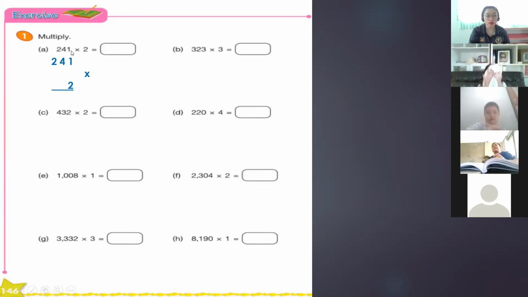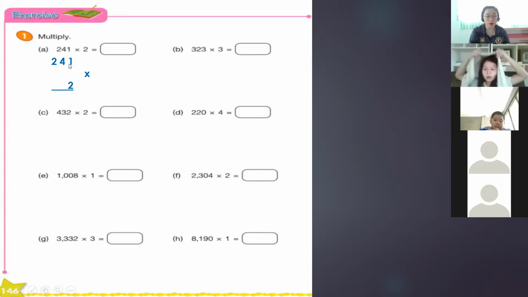241 times 2 or multiply by 2. So we're going to multiply from the ones place to the hundreds place. So 2 times 1 is 2. 2 times 4 is 8. And 2 times 2 is 4.